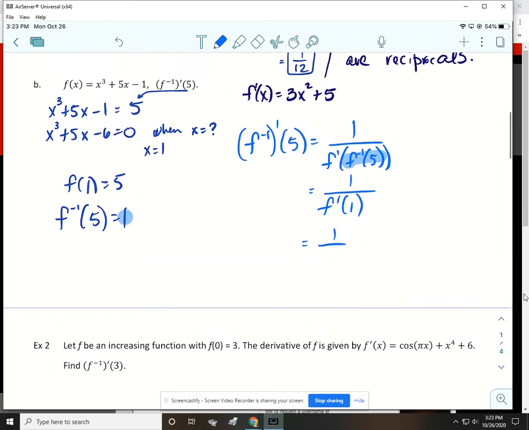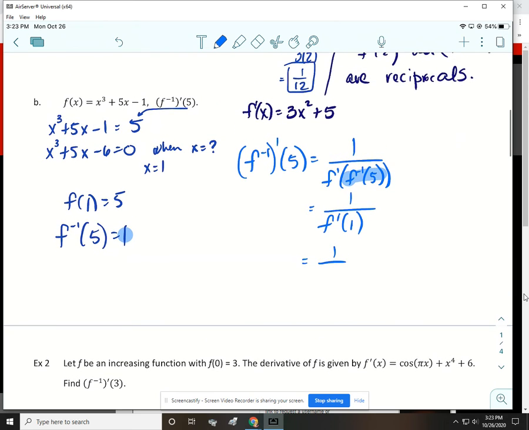And then I can take that 1 and plug it in up here and find f prime of 1. That is going to be 1/8. That's the answer you're looking for.